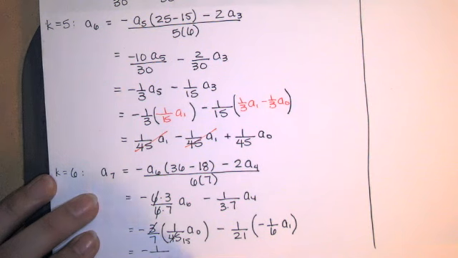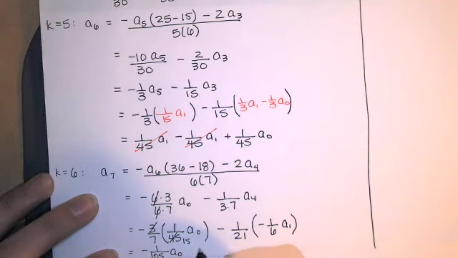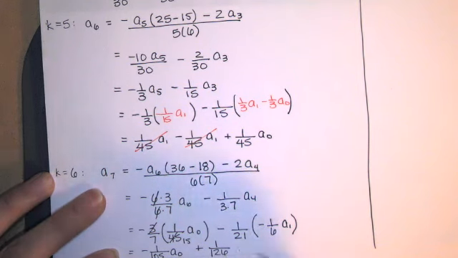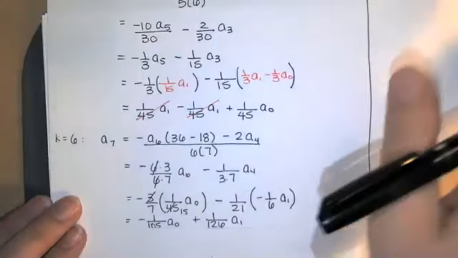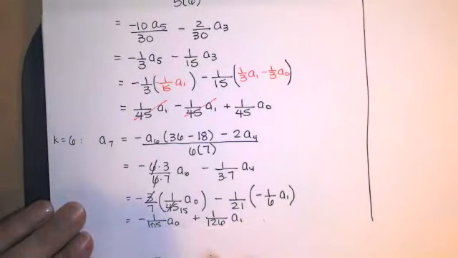So this is going to be negative 1 over 105 times a sub 0, plus 1 over 126 times a sub 1. Okay, so now we've got 4 coefficients in terms of a sub 0. We need one more. So that was k equals 6.